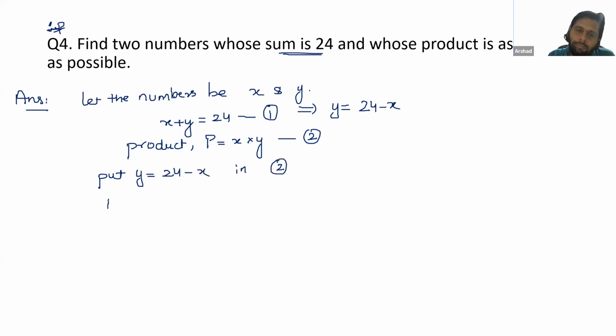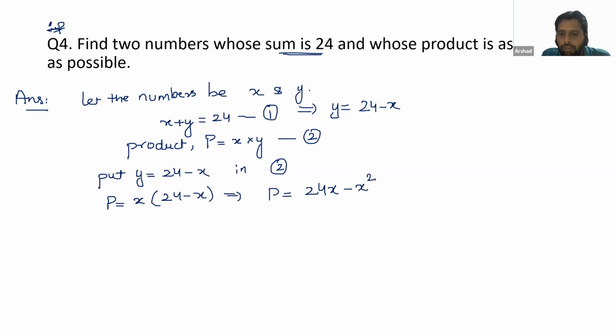So what you will get here: P is equal to x, in place of y we will put 24 minus x. If we open the bracket, then you will get 24x minus x squared. Now, who can tell me? Zaid, this P now has how many variables?